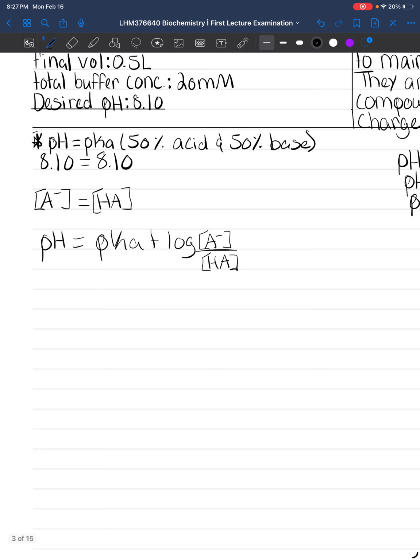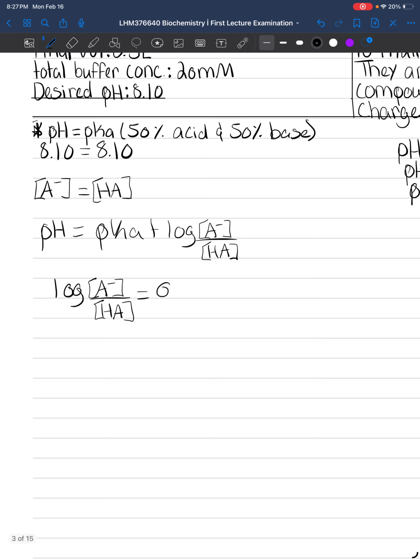Since the pH is equal to the pKa, we can write log of A minus over HA equals 0, because 8.10 minus 8.10 gives us 0, right?